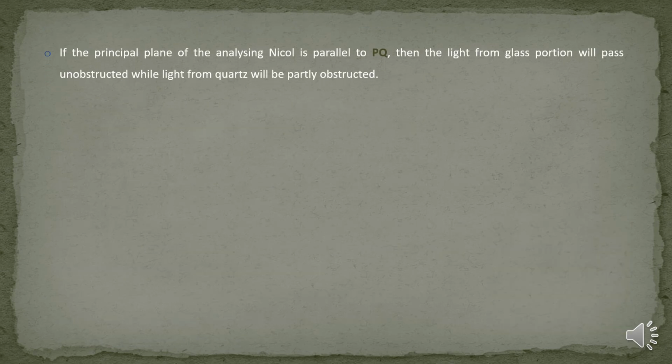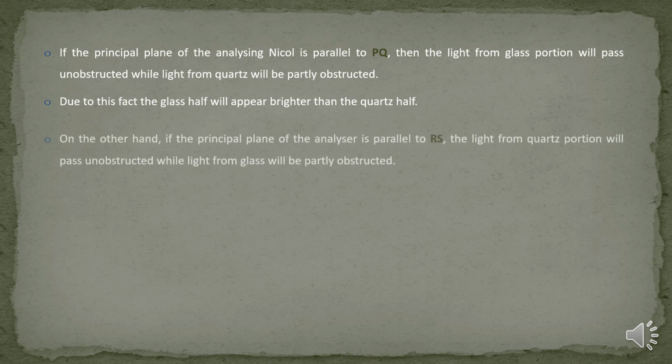If the principal plane of the analyzing nicol is parallel to PQ, then the light from the glass portion will pass unobstructed, while the light from quartz will be partially obstructed. Due to this fact, the glass half will appear brighter than the quartz half.